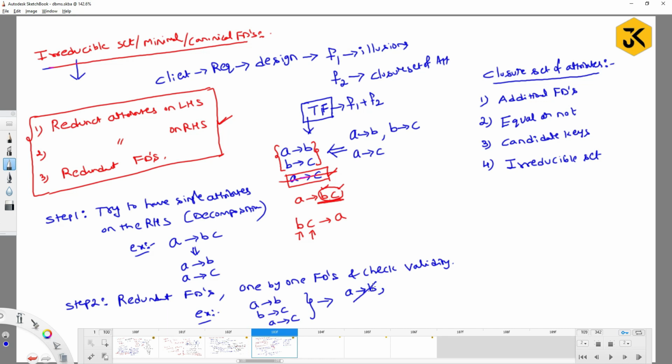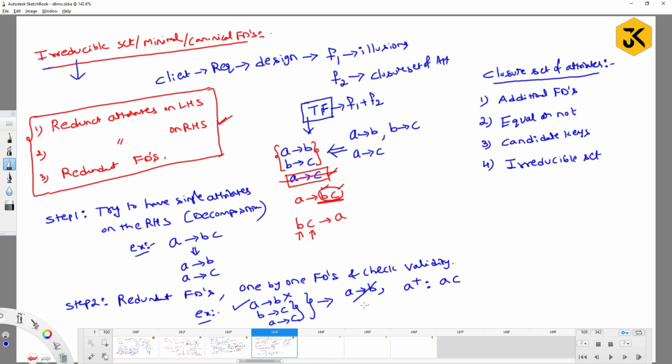You have to check. How can you do that? You can simply find the A closure from the remaining set of functional dependencies. It is AC, right? Can you get B? No. It means that A determines B has some importance in my set, so I should not remove it. Like this you have to check the validity of all functional dependencies.